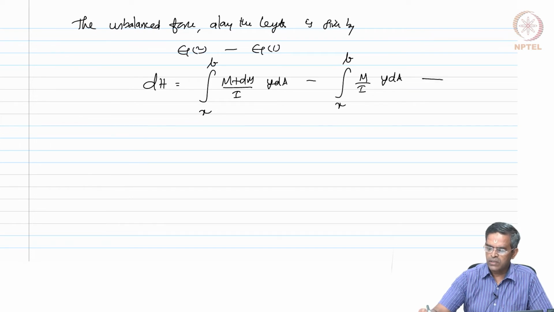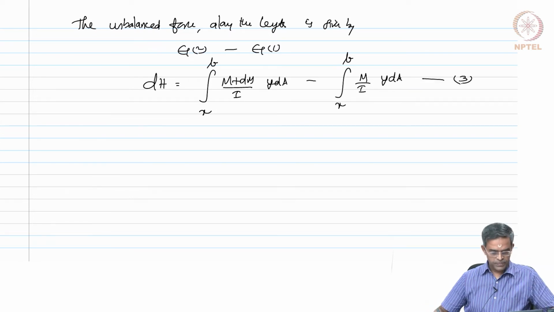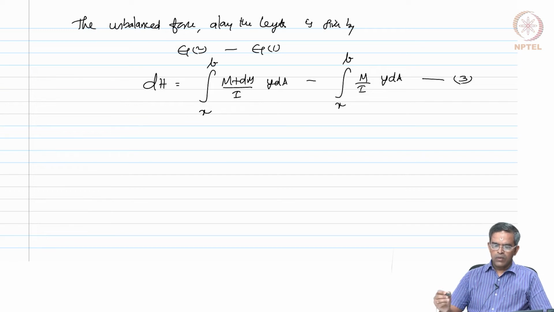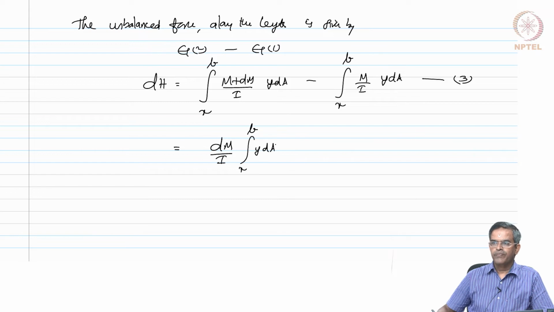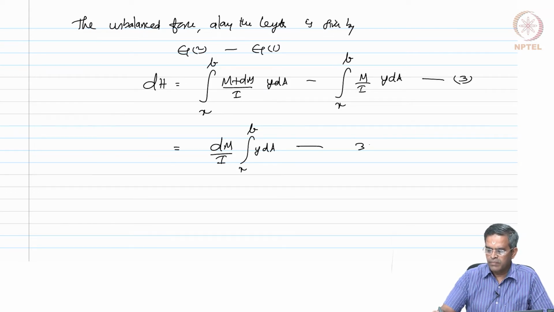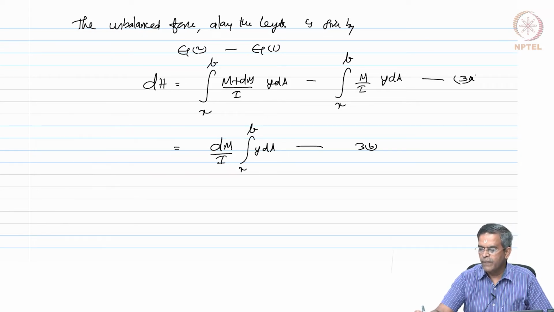We call this equation number 3. Now I can say it is dM by I into the integral from x to b of y dA. Equation number 3b, we will call this 3a.